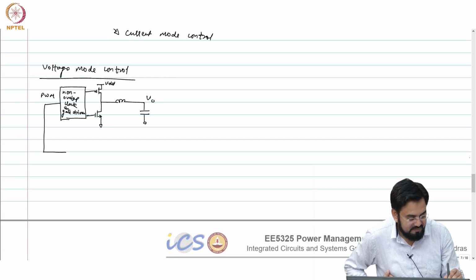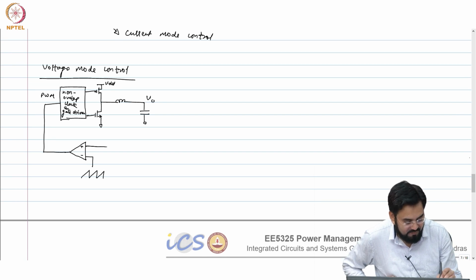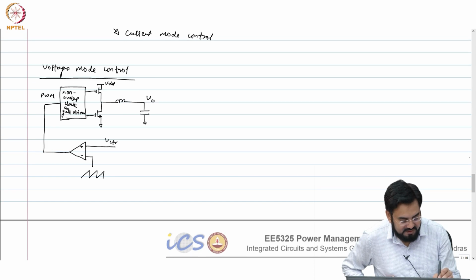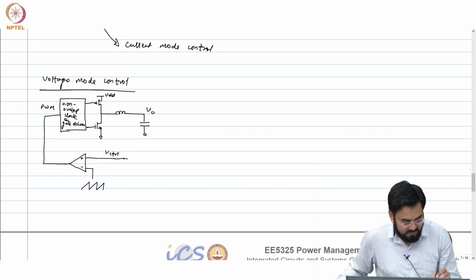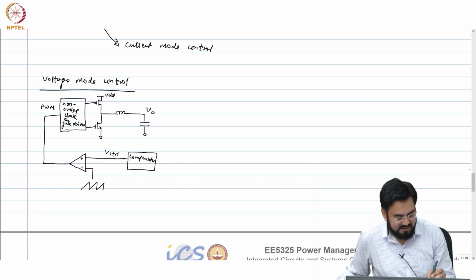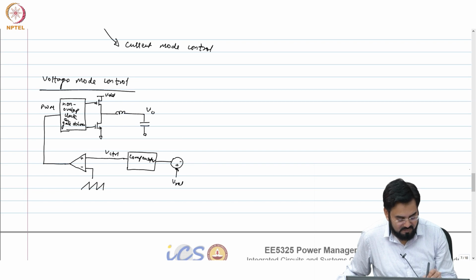And this comes from the PWM comparator, minus plus, and this gets a sawtooth waveform, some control voltage, compensator, Vref.